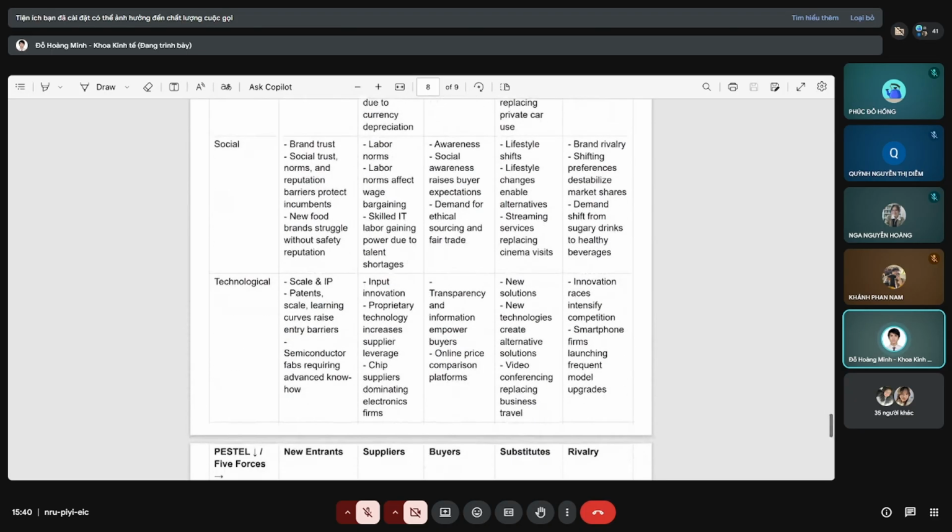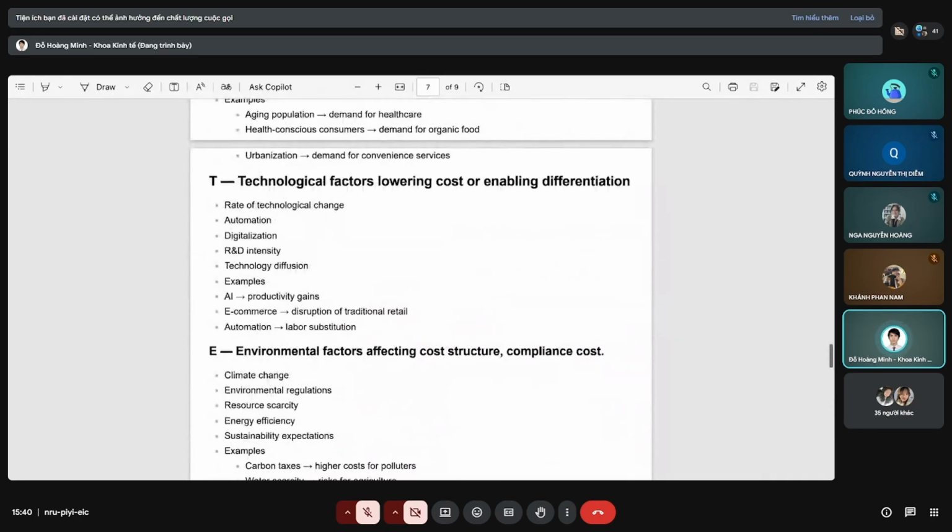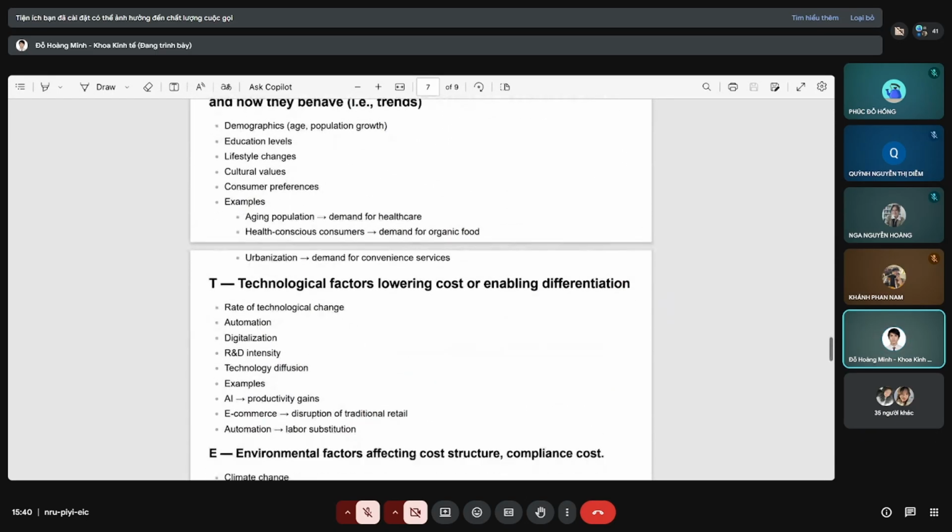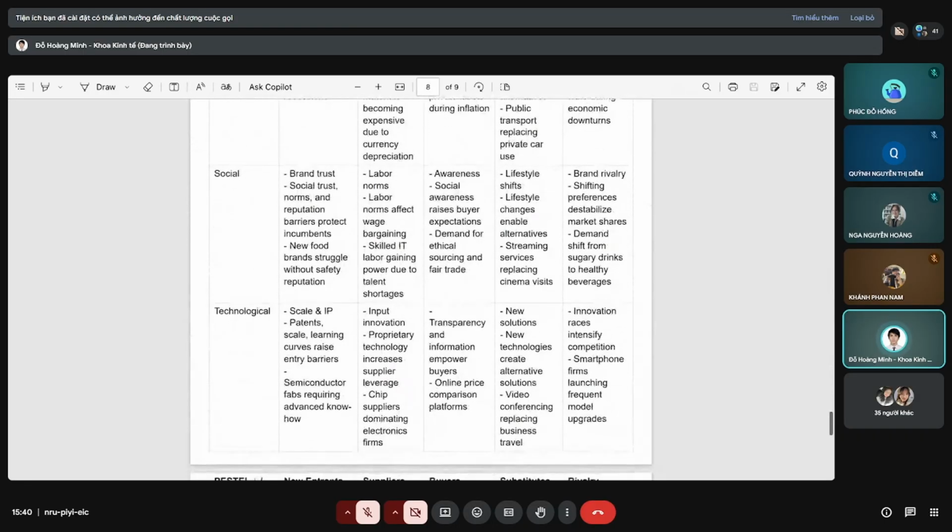And the final one is the technology factors. Technology factors include the rate of technology change, cold chain, automation, digitalization, R&D, and how technologies can improve entry.